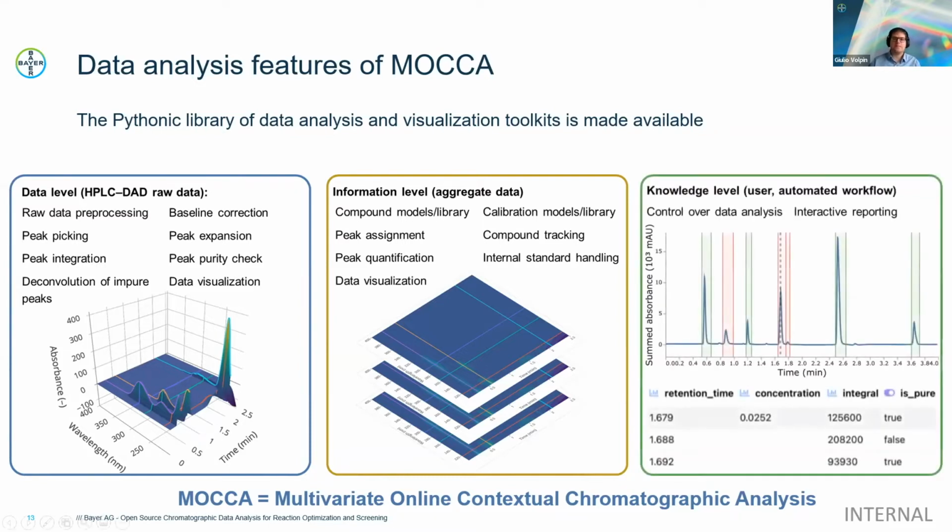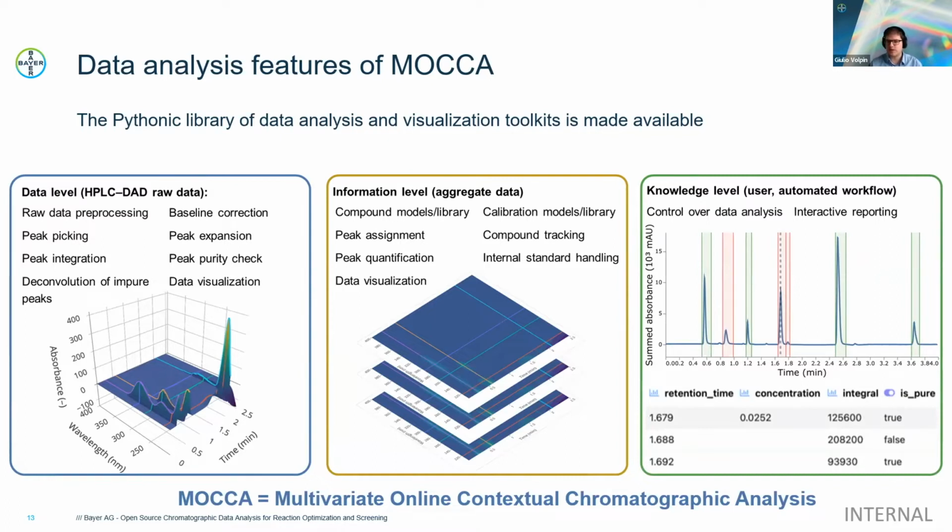And ultimately, you can control the level of knowledge that you generate out of it by generating custom reports. So here, for example, this is a screenshot of a custom report that is generated out of MOCCA that uses a package called Datapane, which visualizes data based on the Altair visualization library.